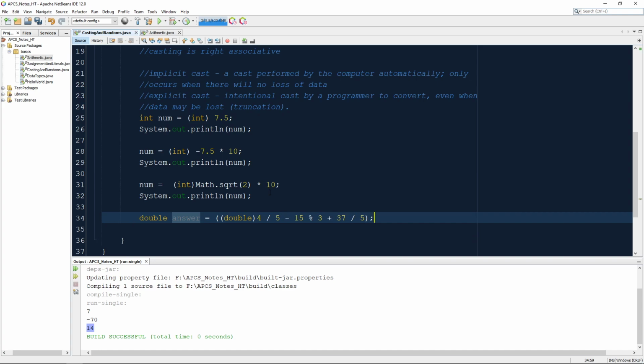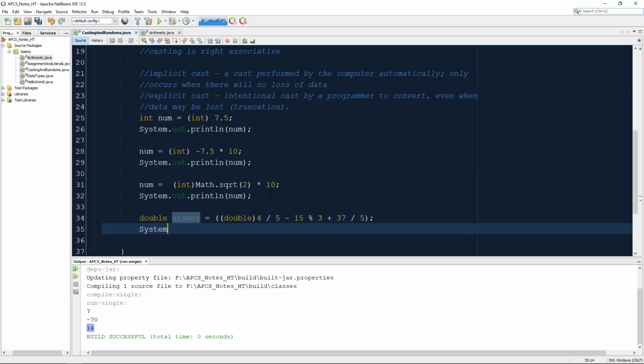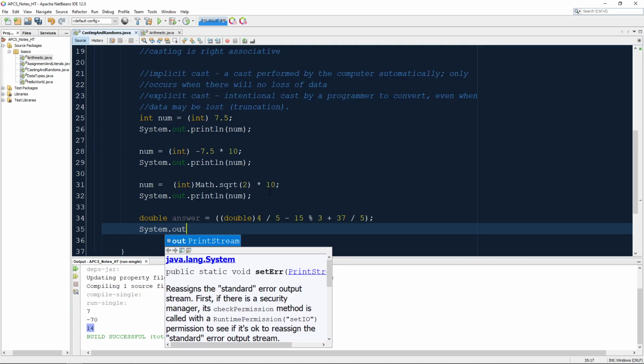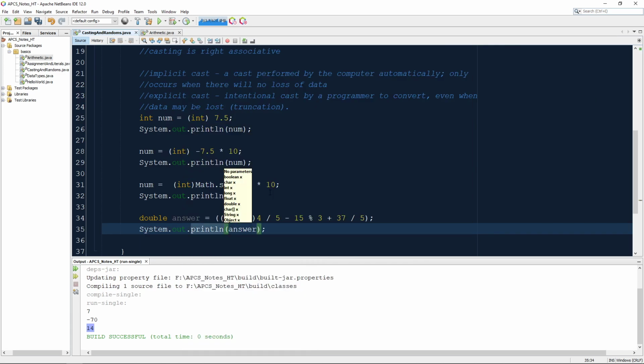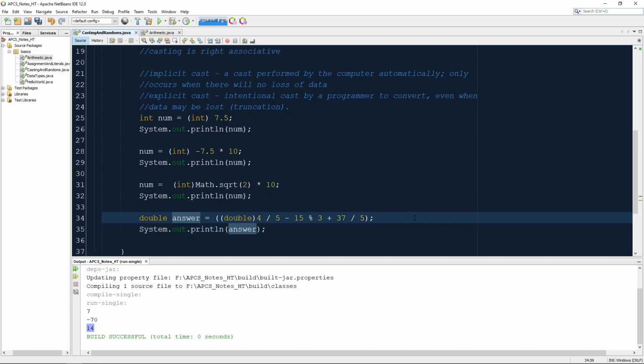So now we have to figure out what our order of operations is and then establish the answer, and then we can print it out. I'm not going to print it out just yet, so take a moment to do the arithmetic and figure out what the value is. If you want to pause the video, you can pause the video.